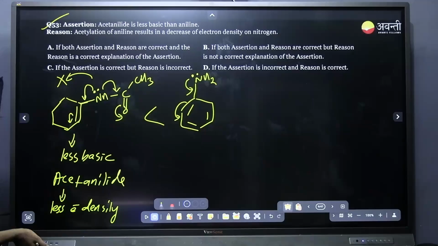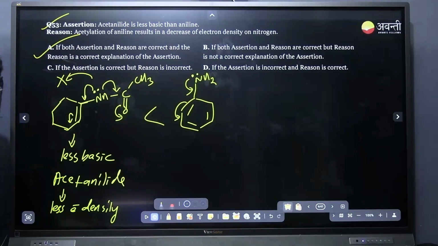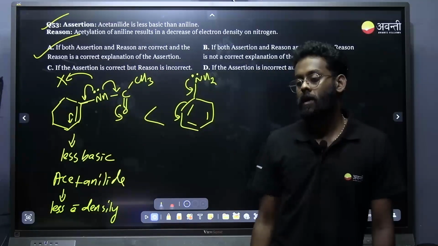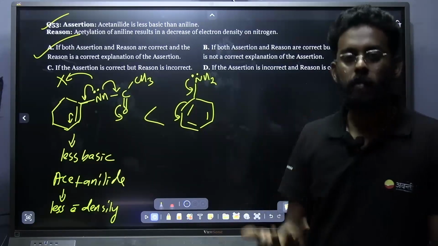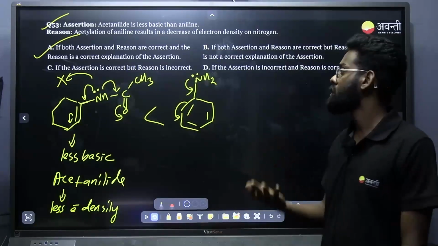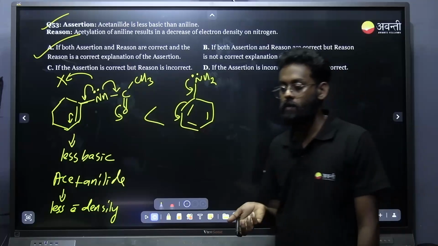You understood this one? So both the assertion and the reason are correct, and the reason is a correct explanation. Because the lone pair on nitrogen is not available, the electron density of the lone pair on nitrogen decreases after acetylation. Got it, everyone?